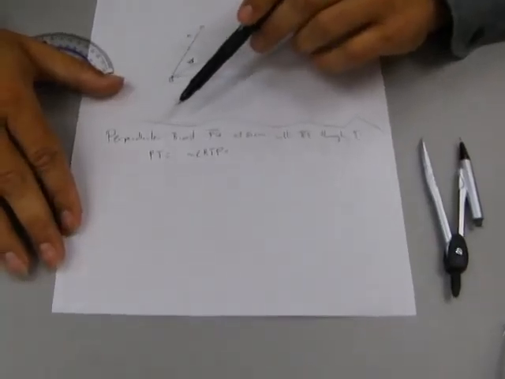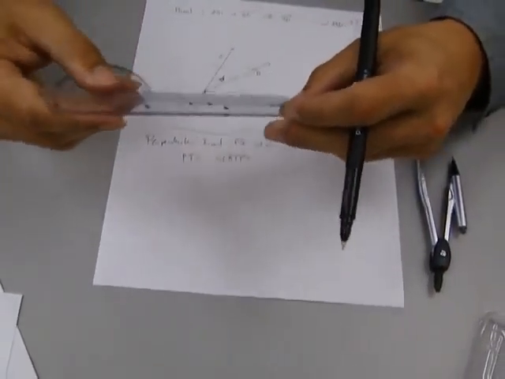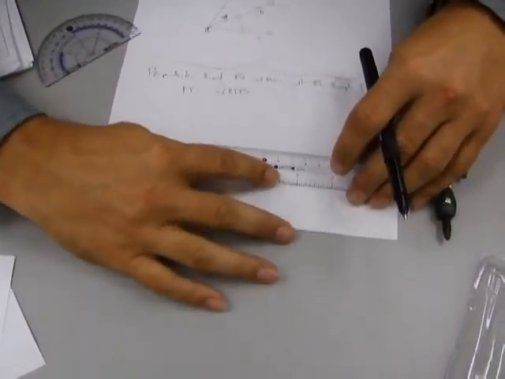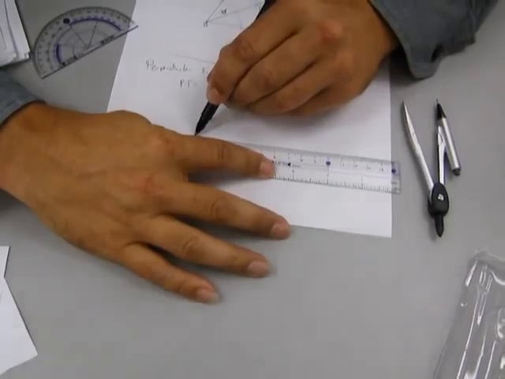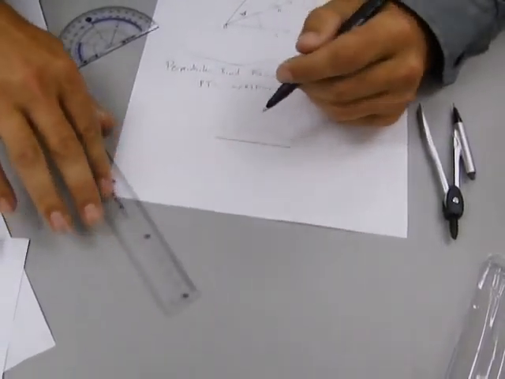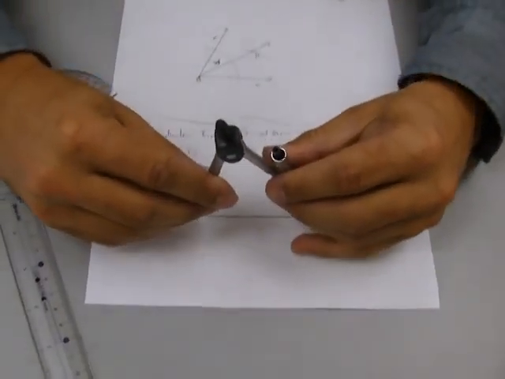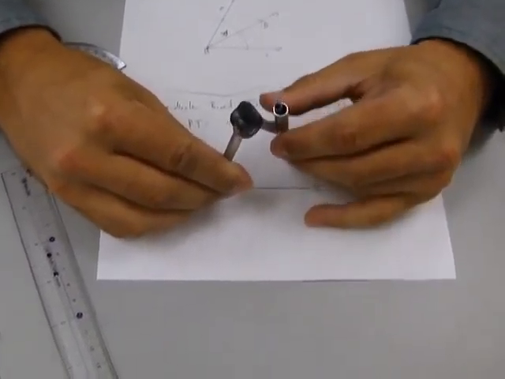Now it says perpendicular bisect segment PQ at 6 centimeters. So the first thing I'm going to do is make a 6 centimeter segment, and I'm going to call it PQ. So I start at 0, not at 1, and go up to 6. If it's segment PQ, that means one end is P, one end is Q. I'm going to perpendicular bisect it. So the first thing I'm going to do is put the point on one of the endpoints.